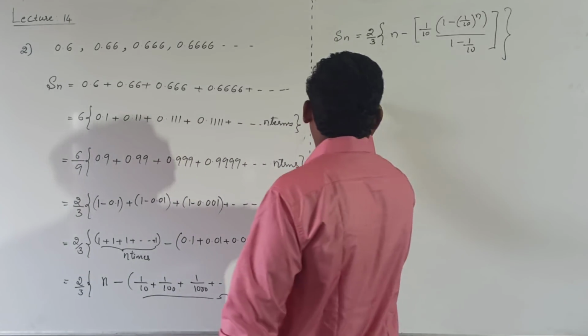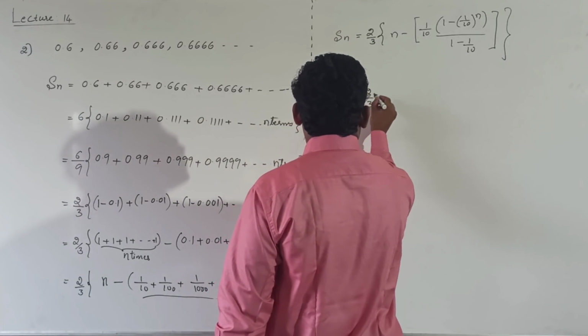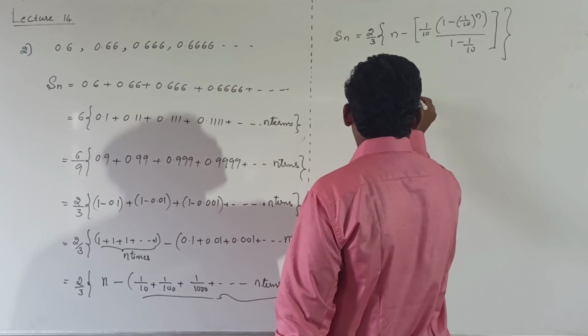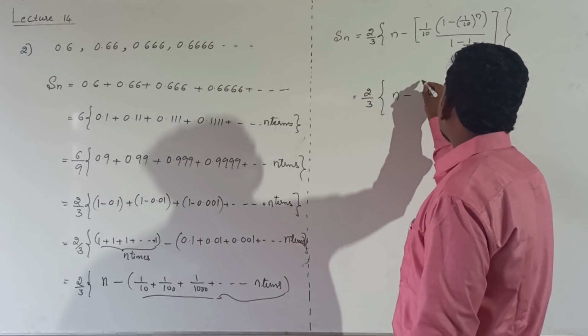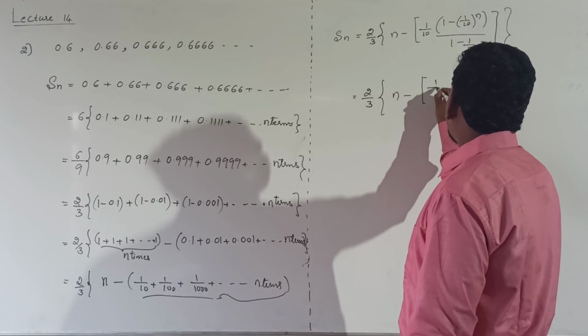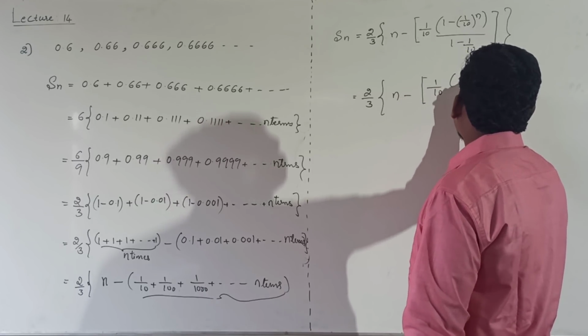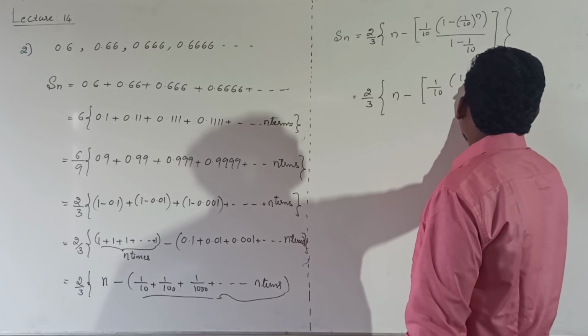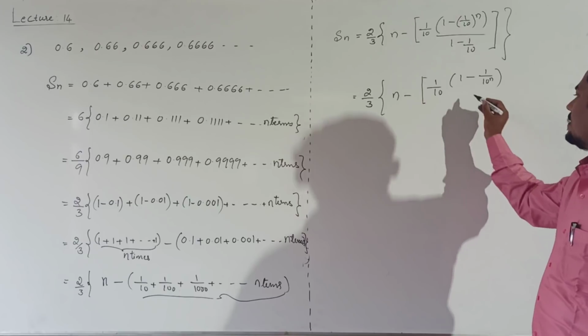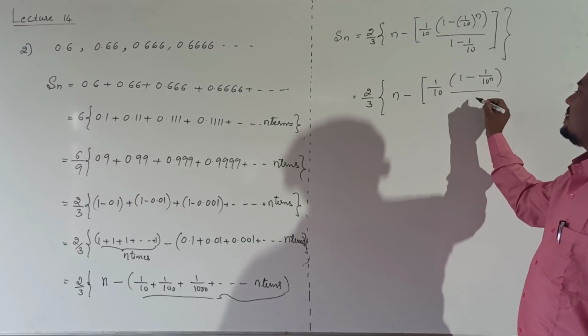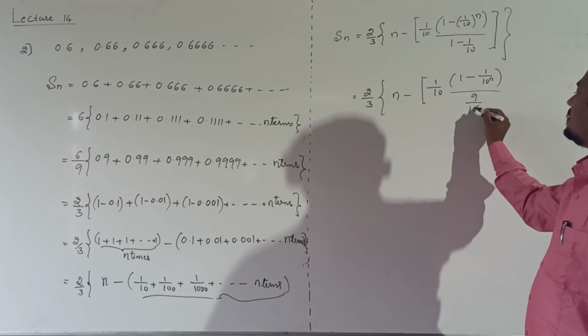Next, 2 by 3 in bracket n minus, just taking LCM, 1 by 10 in bracket 1 minus (1 divided by 10) power n, divided by, taking LCM, 9 divided by 10.